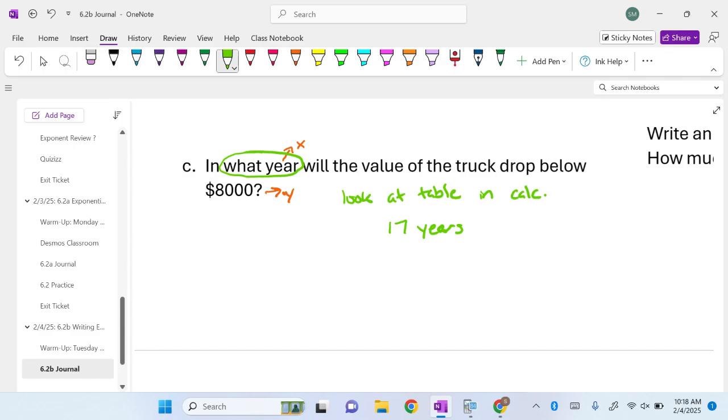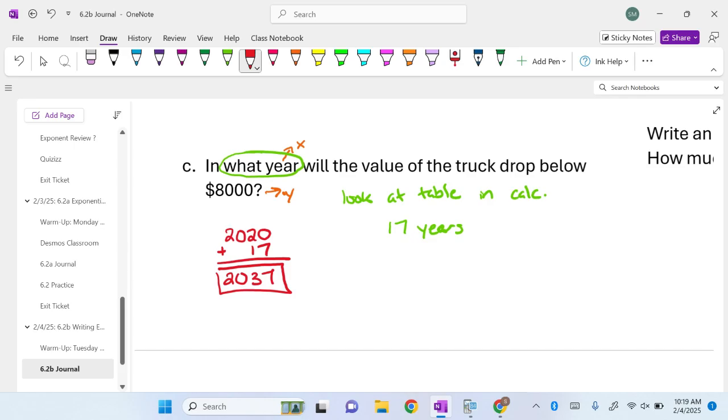How do I figure out what year it is? Where was my beginning year? 2020. So I would just add 17 years to 2020, and that would give us our new year. So in this case, it would be in the year 2037.